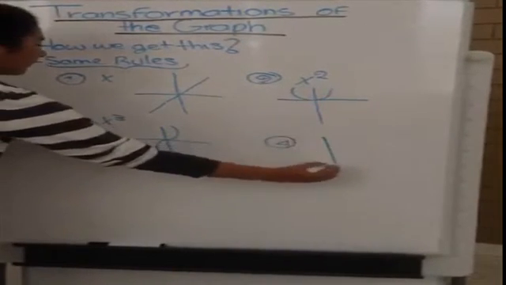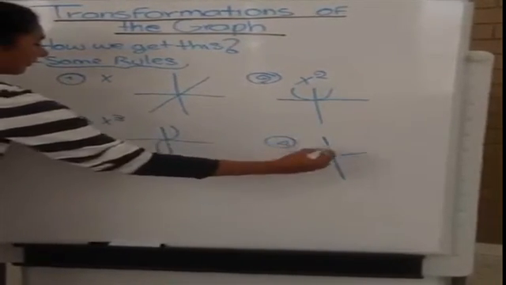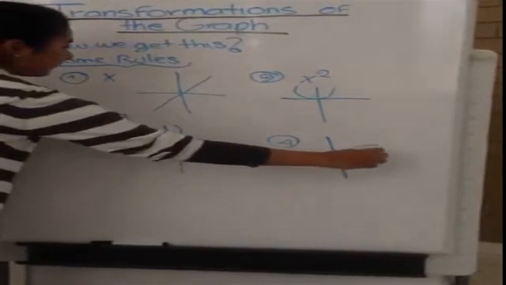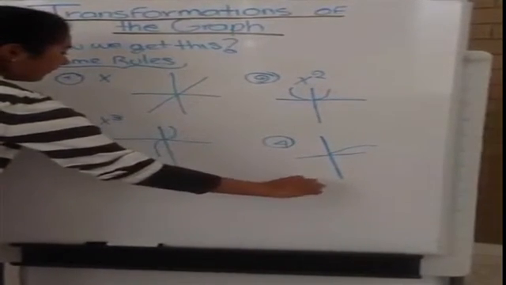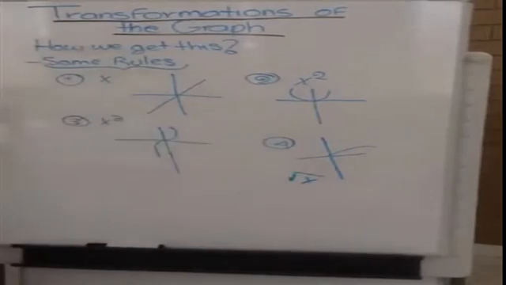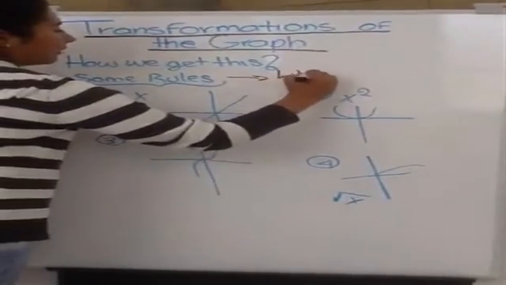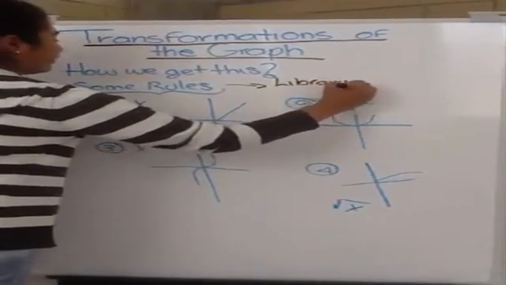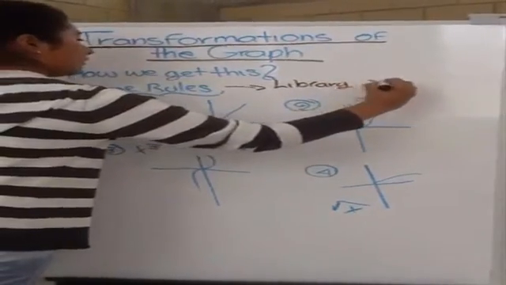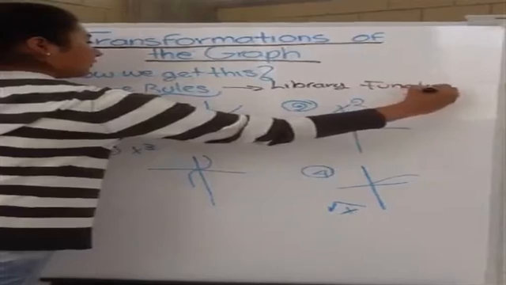Finally, when you have root of x, your graph will be like this. So, when we have all these, we will call these our library function graphs.